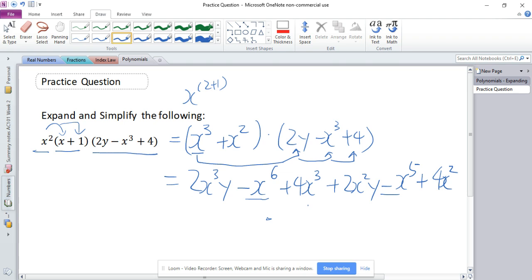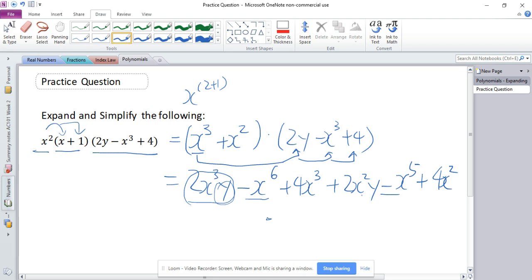Why is that? Because you have a y here. If you have another term multiplied with the like term, like this case, it's just one whole thing. So that does not equal x power 3 anymore. Then you can't combine it because you have another variable multiplied with that term.